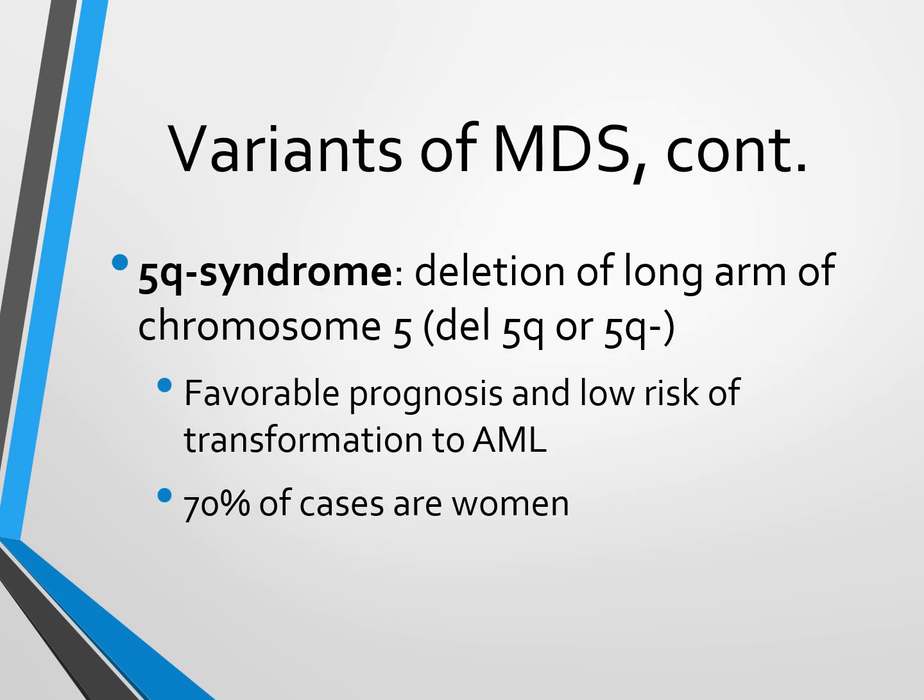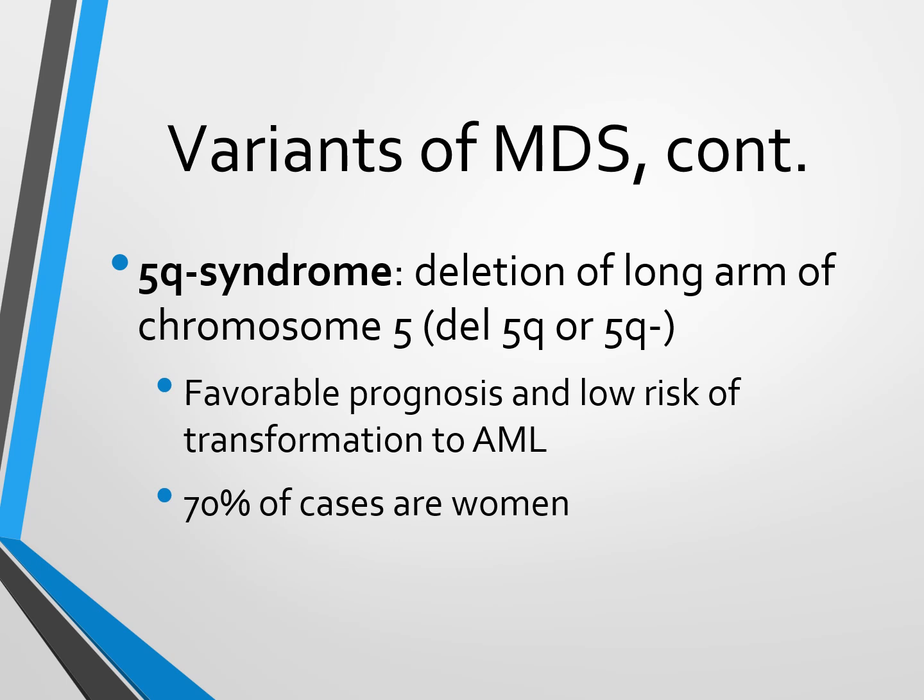Okay, so talking a little bit more about those variants of MDS, let's talk about 5q deletion syndrome. So what we're looking at here is a deletion of the long arm of chromosome 5. So it's going to be a deletion of 5q or 5q negative.